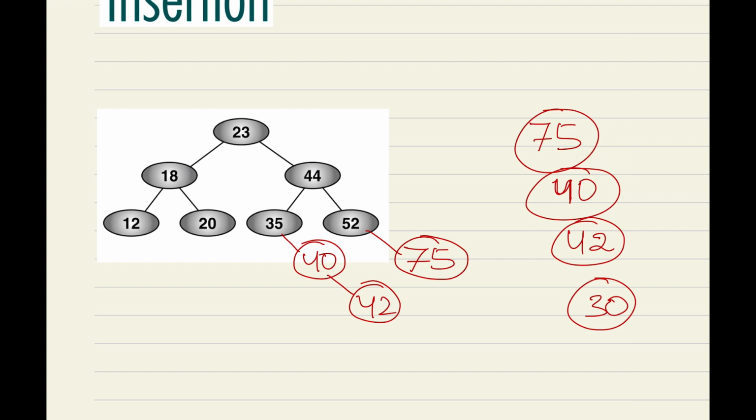Then here consider 44, compare 44 with 30, 30 is smaller, so move to the left subtree. Now we find 35 as the new root for the left subtree. Then compare 35 with 30, 30 is smaller, so 30 must be inserted here.